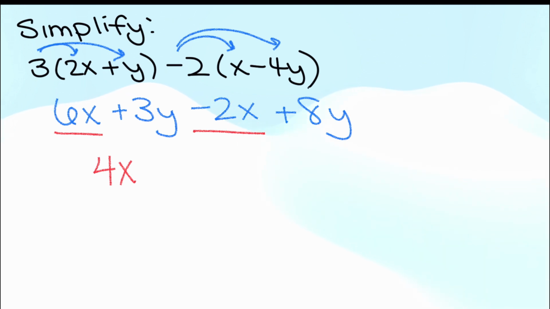Again, I'm taking that minus sign, and in my head, it's attached to the number behind it. So 6x minus 2x is 4x. 3y plus 8y is 11y. And there's my final answer, 4x plus 11y.